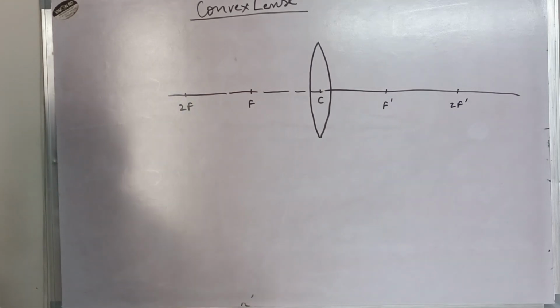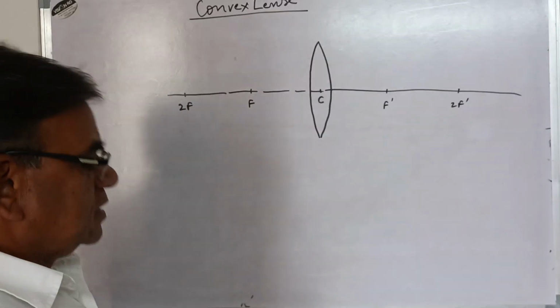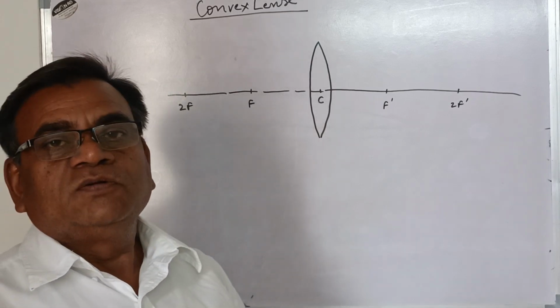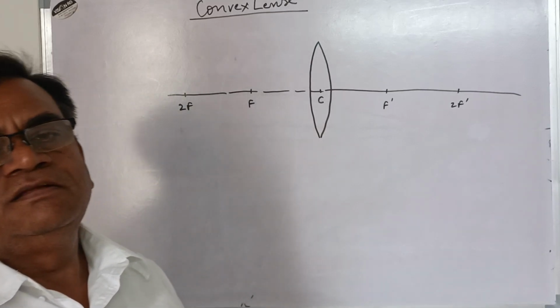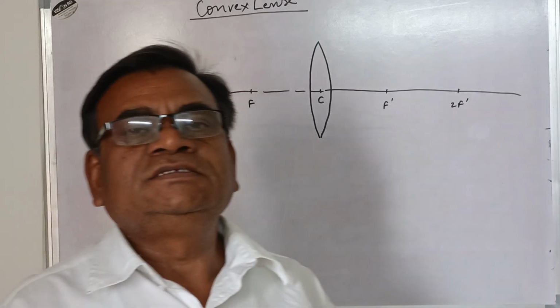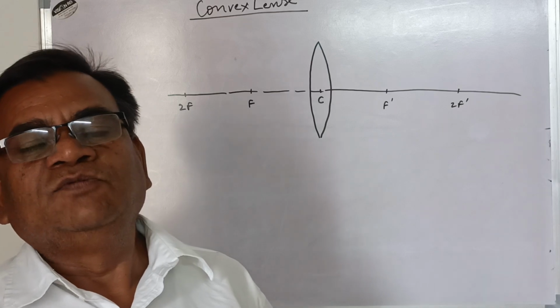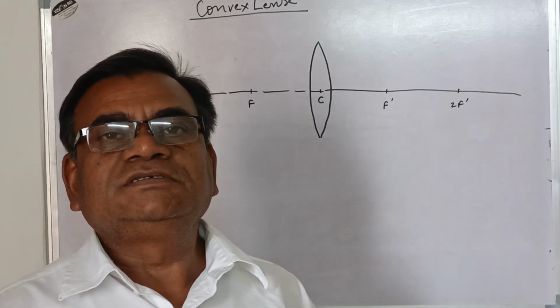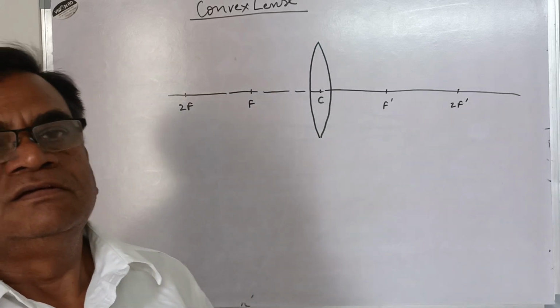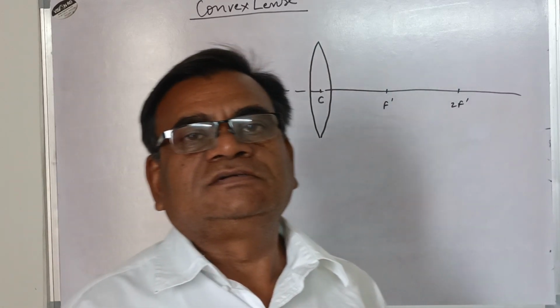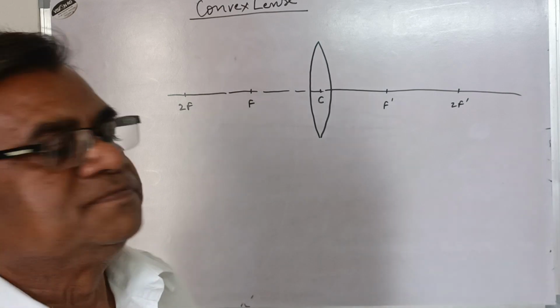Now this is a convex lens, and the question is position of object when the image is of the same size. It is inverted and real, means the rays after refraction actually cut each other.